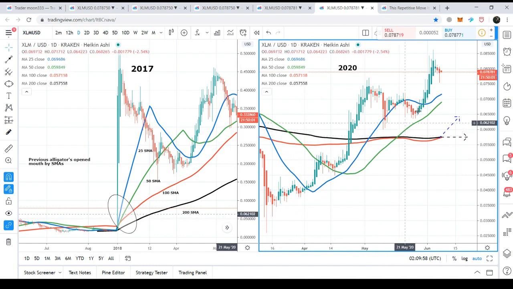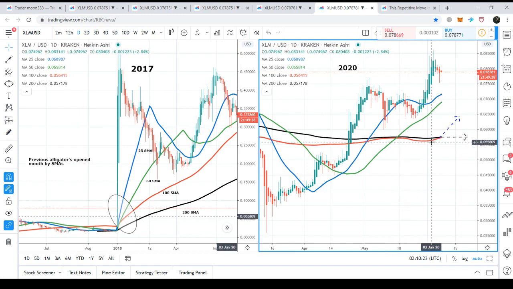And this time we can see that the 25 simple moving average has again gone above all other simple moving averages. Then we have the 50. Now at this time the 200 is above the 100 simple moving average. This golden cross is still due, and we can see that these two simple moving averages have been moving sideways for a long time.